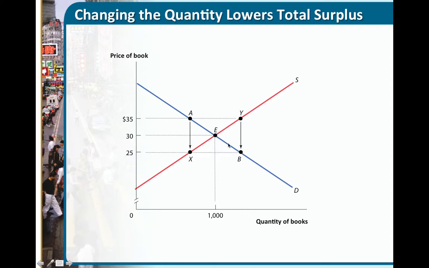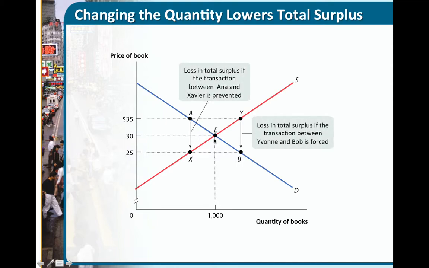So there's this void here that is only filled when there's equilibrium. So if you've tried to force this quantity here, there'd be a loss in total surplus. Or if you tried to force this transaction, or if you tried to prevent this transaction, there would be this loss in total surplus.